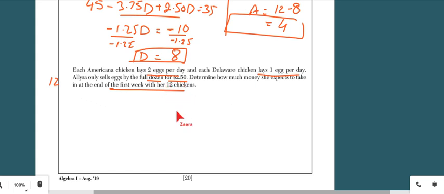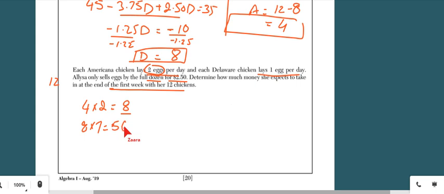So there are 8 Delaware, right, and 4 Americana, and each Americana lays 2 eggs, right? So 4 times 2 is 8 eggs per day by Americana, and we have to calculate for 7 days. So I am multiplying it by 7.